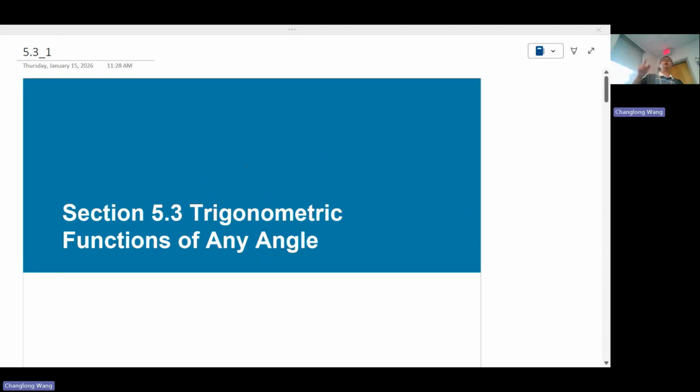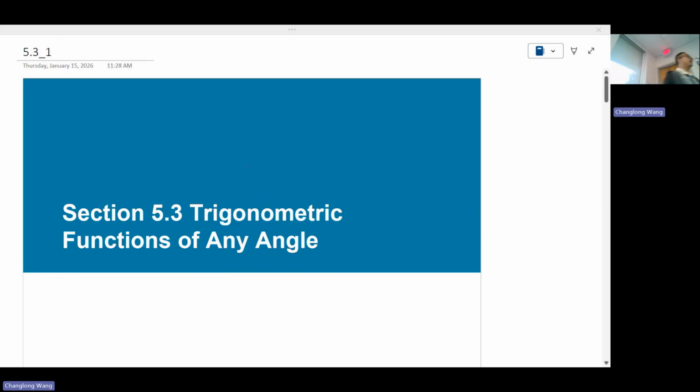You probably recall back in 5.1, we said the standard way to draw an angle is to put it in a coordinate system, and let the vertex of the angle be exactly at the origin. Let the initial side go along the positive x direction.